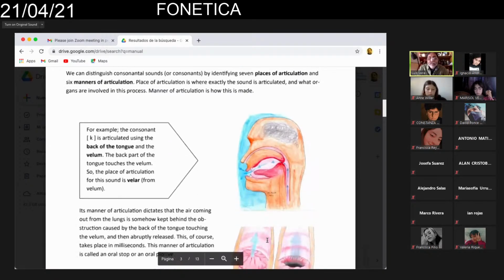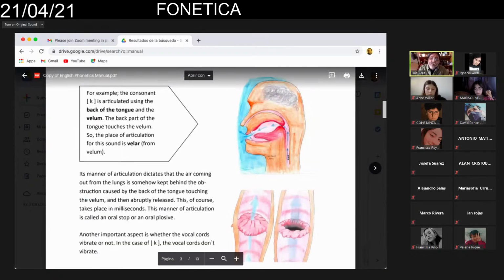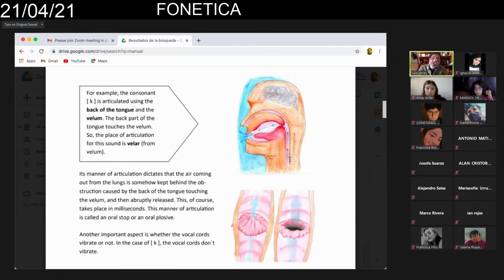Here there is an example. The air is going out through the pharynx, right? Going out. And here, in this case, what sound is going to be made? What sounds are possible to be made in that drawing? What consonant?